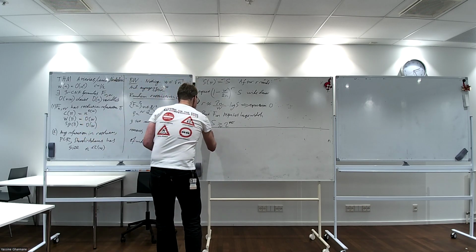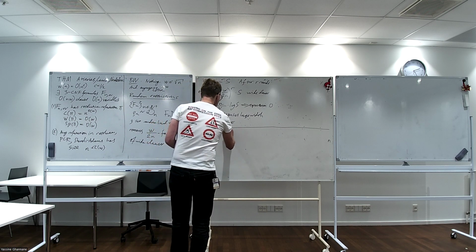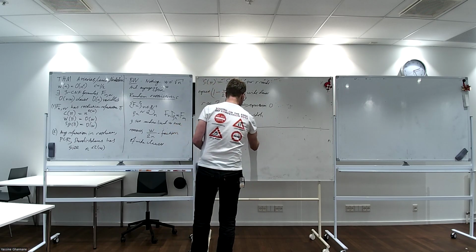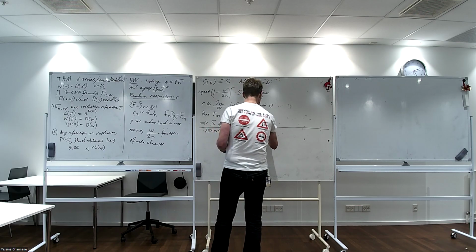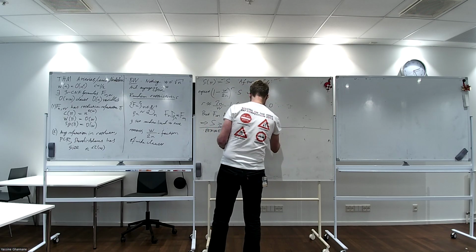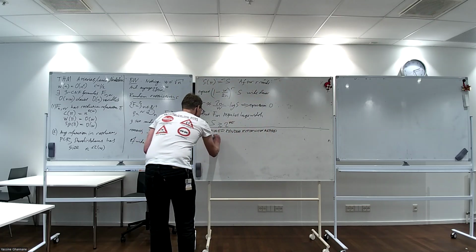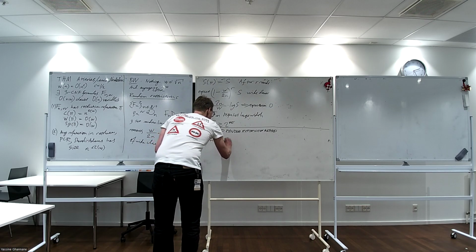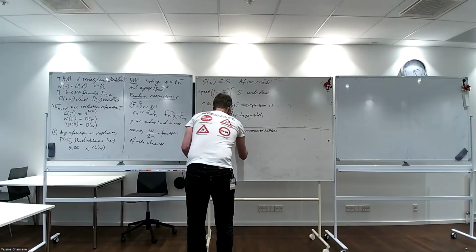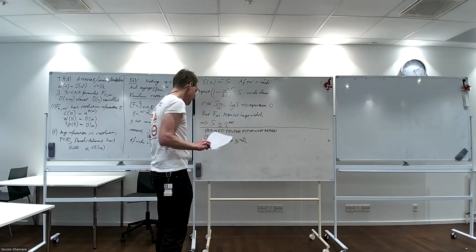Okay, so our refined method is going to use random restrictions. So again, we start with some formula family. And then we have some cleverly chosen random restrictions.